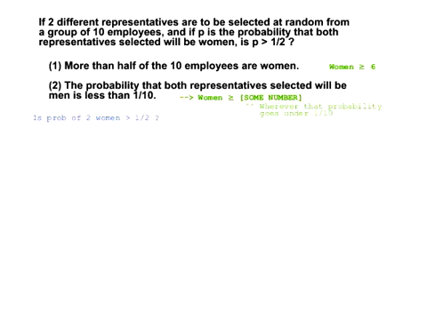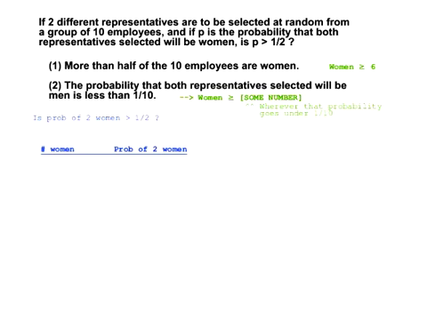Yeah, it's going to be however many over 10 times however many minus 1 over 9, right? So what NSL is doing is just doing it for a particular case of 6, which seems like a decent way to do it to me. So you can just say number of women and then probability of 2 women.